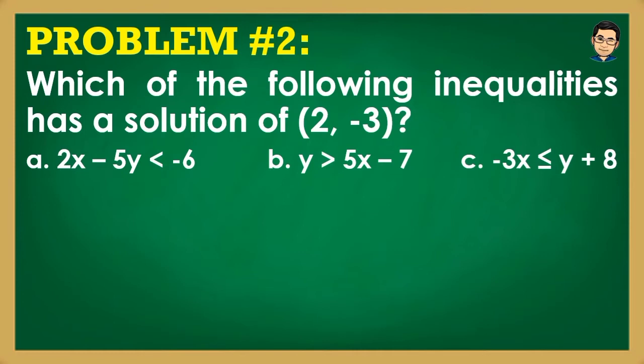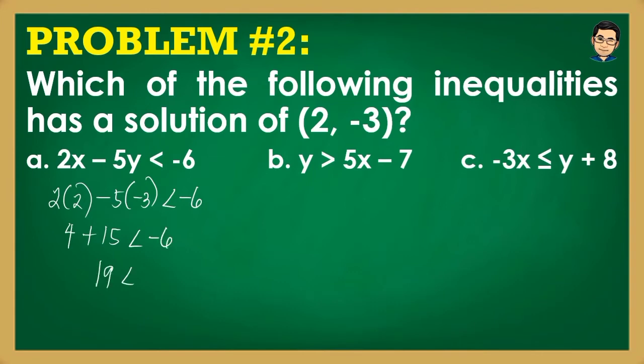So let's have letter A. 2 times 2 minus 5 times negative 3. So ang gagawin lang natin is isa-substitute lang natin yung given na ordered pair. Less than negative 6. So that is 2 times 2, 4. And then negative 5 times negative 3, that is positive 15, is less than negative 6. 4 plus 15, that is 19, less than negative 6.